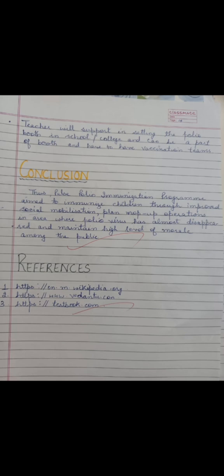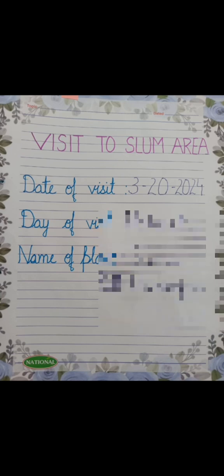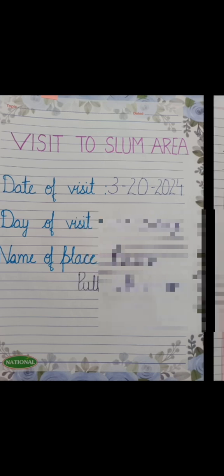The next sessional work is visit to slum area. In this sessional work you first of all write what is the slum area. Slum area क्या होता है? Then its objectives of visiting slum area.